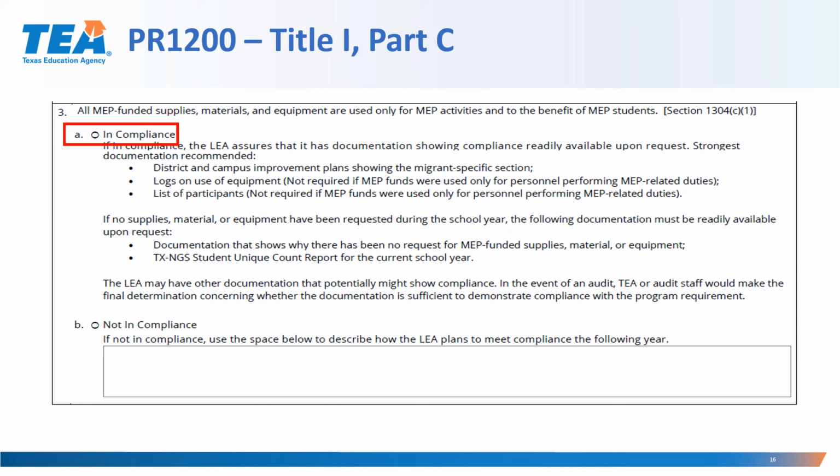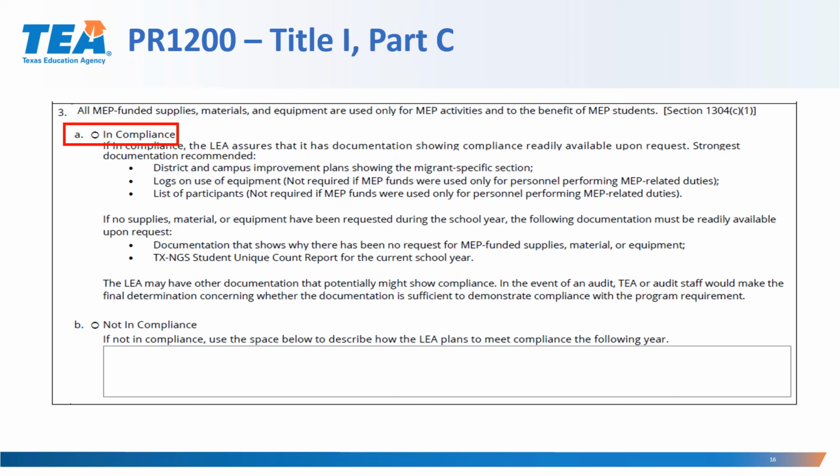If no supplies, material, or equipment have been requested during the school year, the following documentation must be readily available upon request: documentation that shows why there has not been a request for MEP-funded supplies, materials, or equipment, and TXNGS student unique count reports for the current school year. The LEA may have other documentation that potentially might show compliance.